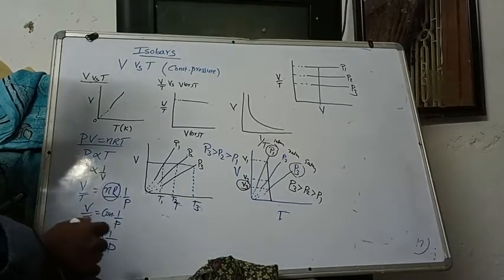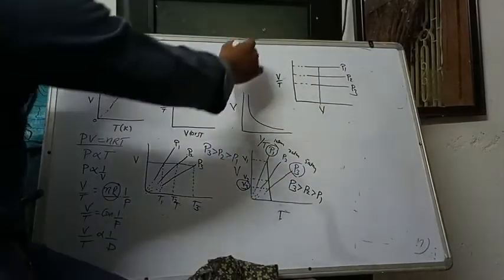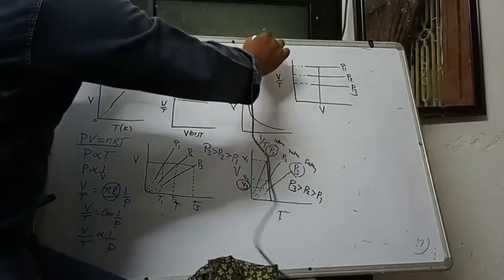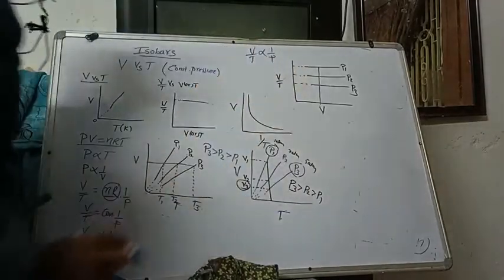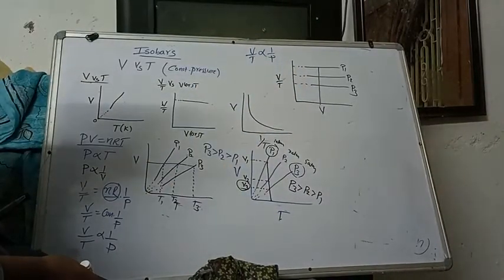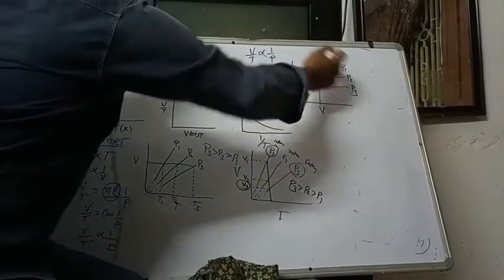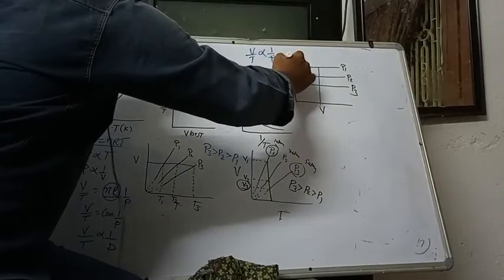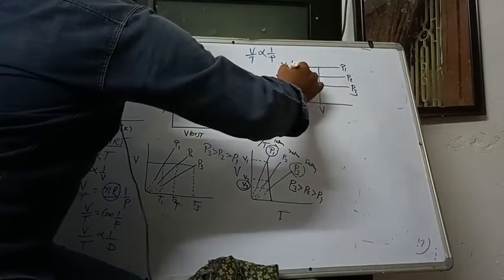Okay, what is the relation between V by T and pressure? V by T is inversely proportional to pressure. Okay, see that. At P1, its value will be V1 by T1. At P2, its value will be V2 by T2.